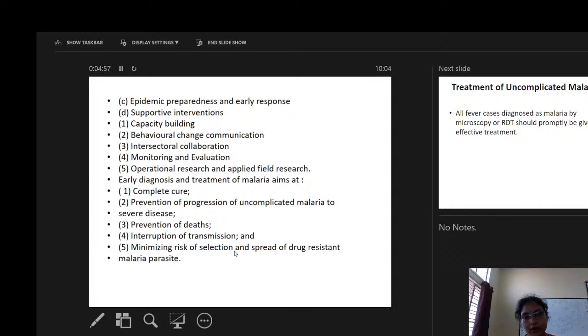There'll be no water for mosquitoes to breed and lay eggs, so one day will be kept for dry day. So you observe all this and then you see whether there's any change from before. So that is behavioral change communication.